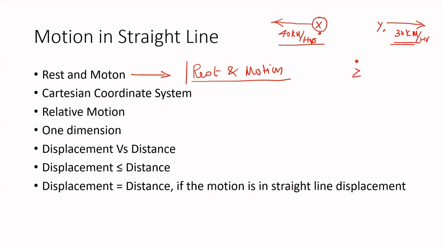With respect to x, because we are taking x as rest, the speed of y is 30 plus 40, 70 km/h. You may not be able to imagine this, but we'll understand later. With respect to y, if you see x, that is also 70 km/h. So depending upon the reference, the speed will differ.